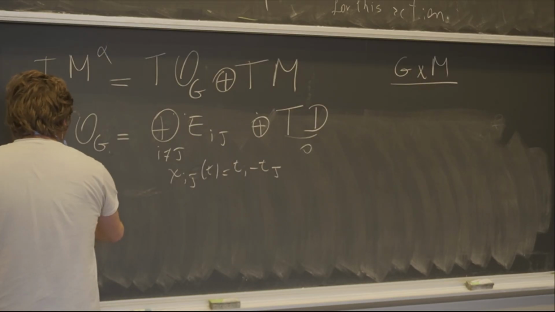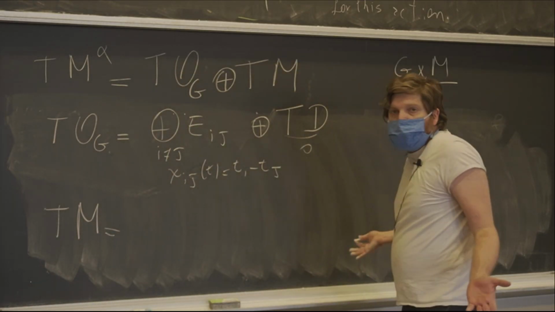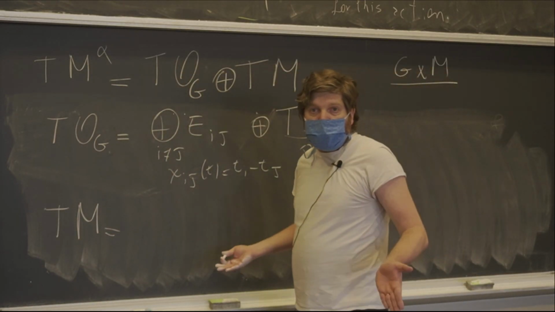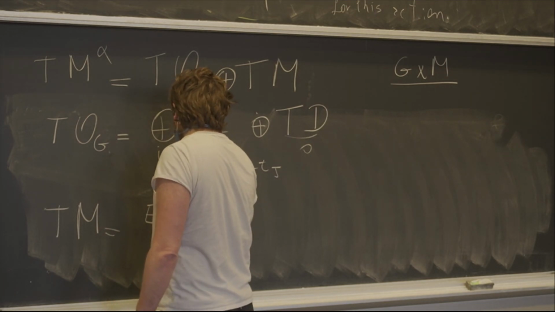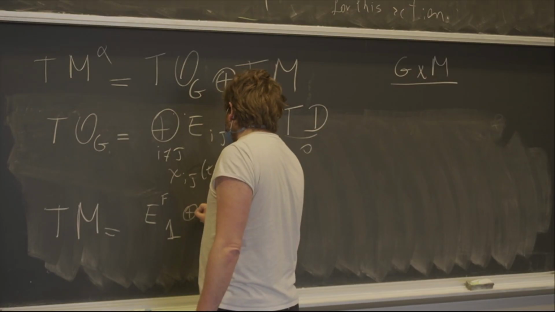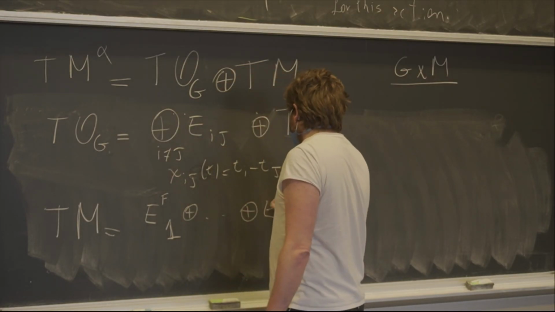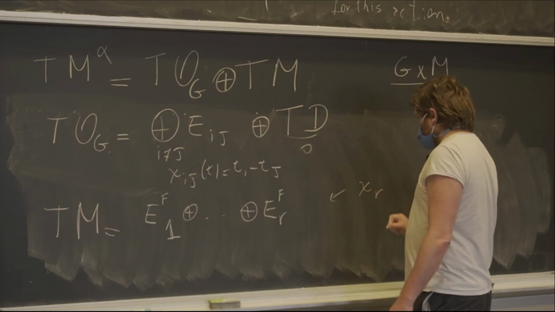Now, what happened about Tm? Now, Tm is unknown because it depends on what alpha is. And no one told me anything about Tm. But Tm will have a splitting with Lyapunov exponents chi r.